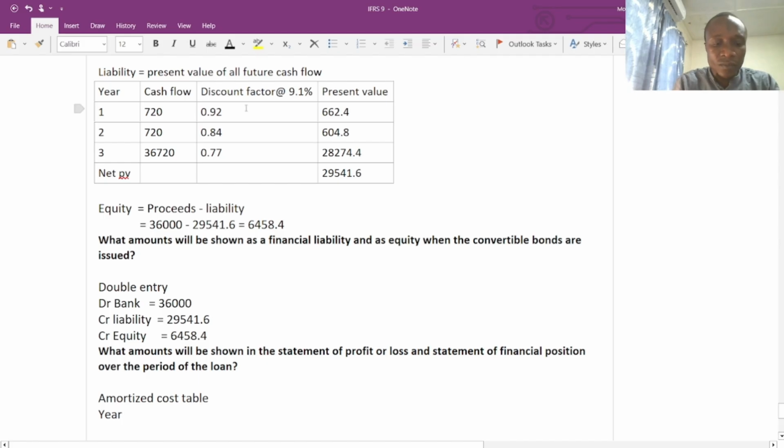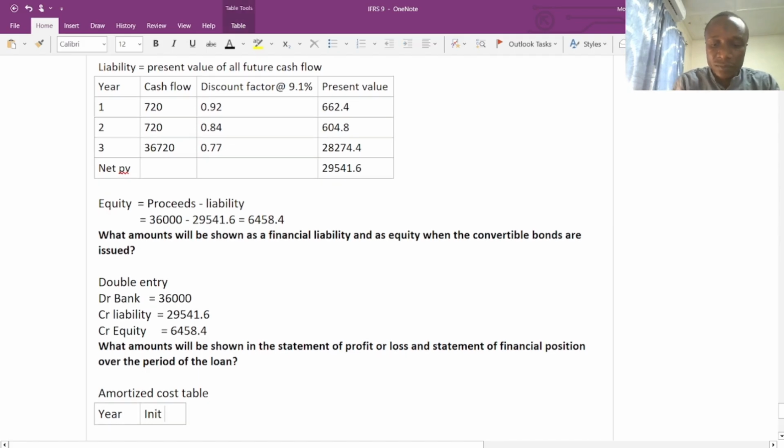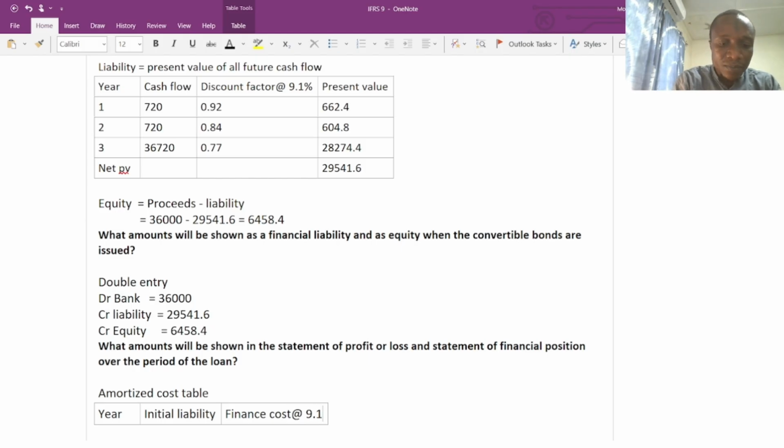So here: initial liability, the finance cost at 9.1%, interest paid at 2%, closing liability.